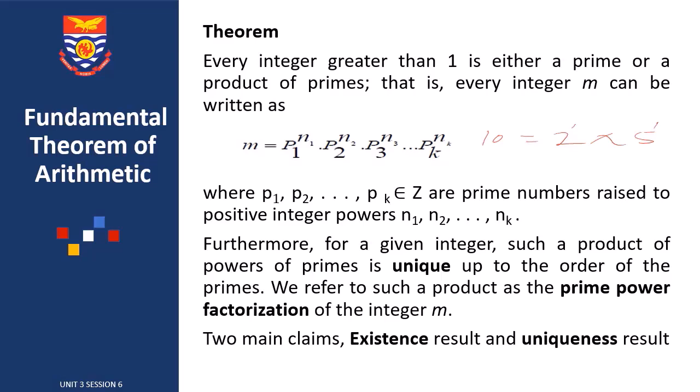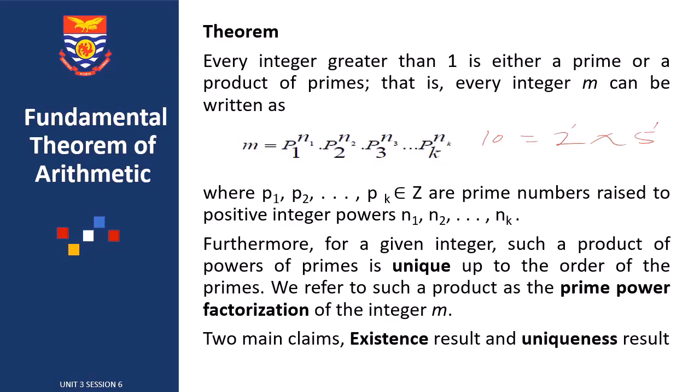So here we made mention of two main claims, the existence result and the uniqueness result, which are very important. Similar to the division algorithm, the fundamental theorem of arithmetic makes two distinct claims about every integer greater than 1. First, it is an existence result, guaranteeing that every integer greater than 1 can be expressed as a product of primes raised to powers.